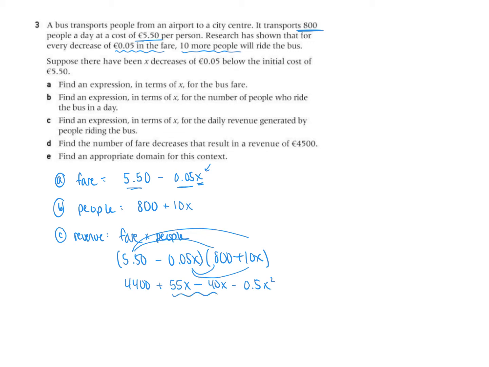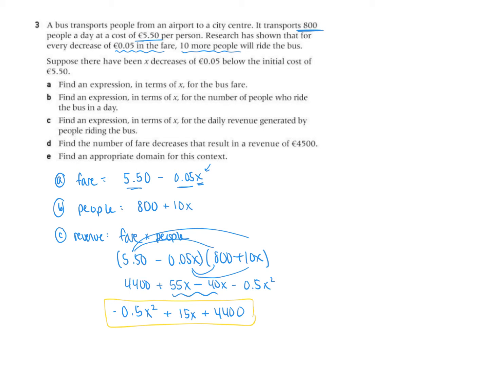If I combine like terms and write this from decreasing to increasing, I get negative 0.5x squared plus 15x plus 4,400. This is our quadratic of the revenue.